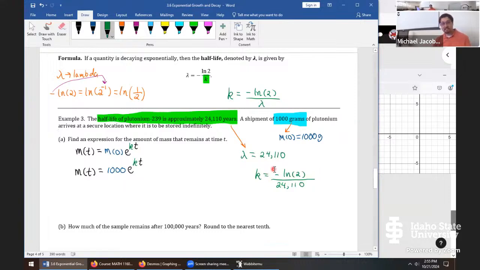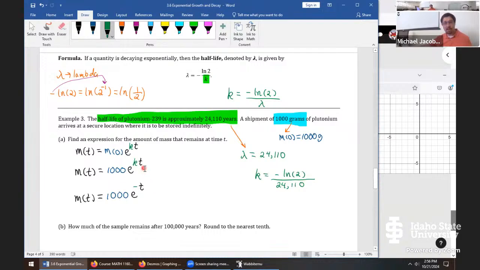What makes it a decay rate is the fact that this thing is now negative altogether. So grab this, plug it in for the value of k, and we have mass at time t is the initial mass of 1,000 grams multiplied by e to the power. Let's see, we have negative, I'll put that there, and squeeze in the variable t. These are kind of touchy to write out in a way that doesn't hurt the eyes, so we'll always do our best.